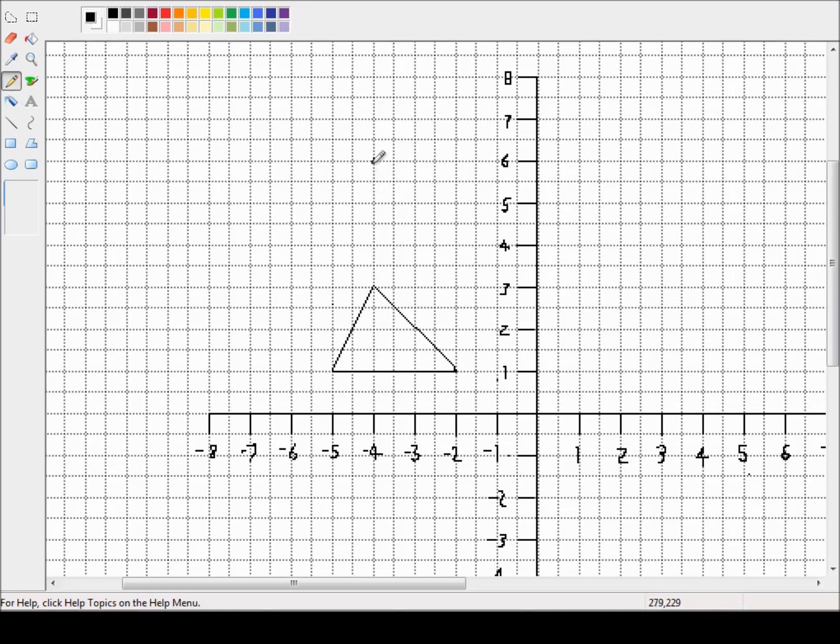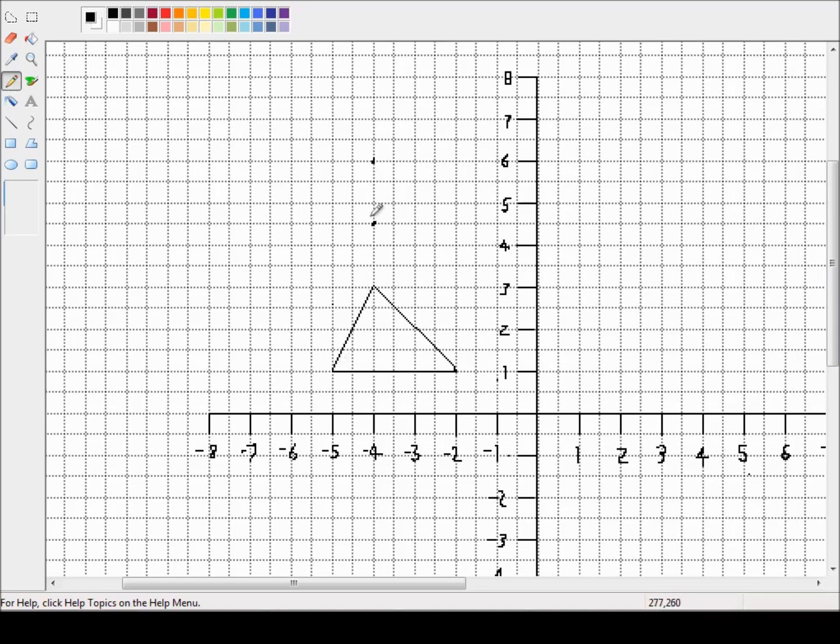So this point here is 1, 2, 3, 4, 5, 6 squares down and no squares to the left or right. So 6 times 0.5 is 3. So I just want to go 3 squares down. So that's 1, 2, 3. And I'll put my vertex here.